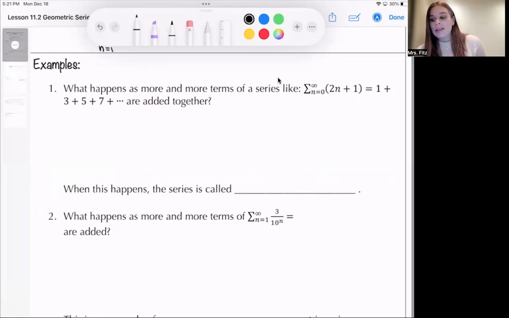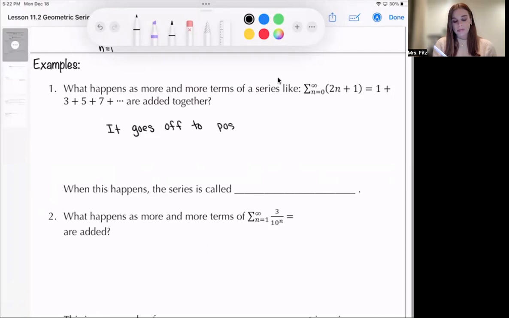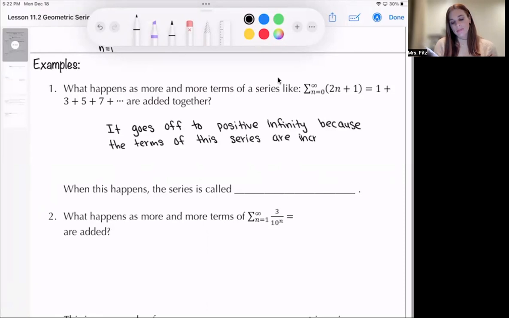So what happens is it goes off to positive infinity because the terms of this series are increasing without bound.